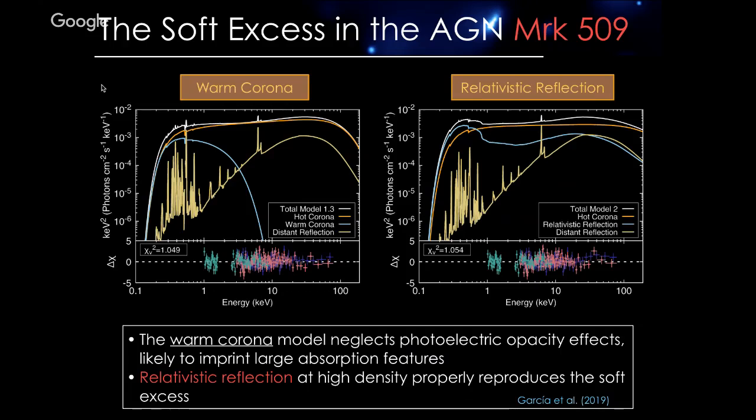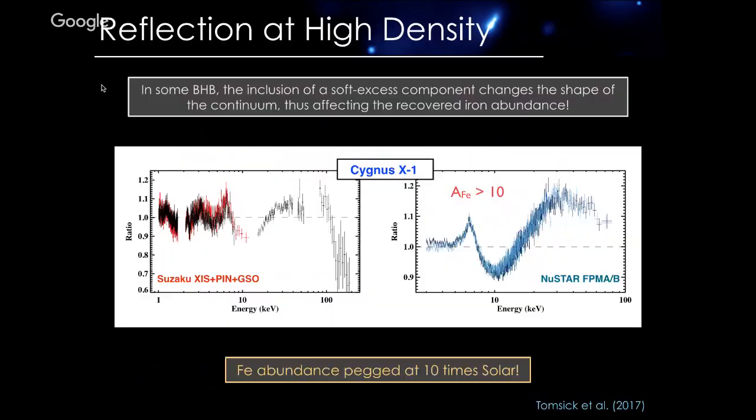But what we are able to do now is that with reflection itself, because of the higher density in the disk, as we're assuming now, it produces more free emission, enhances the soft flux, and therefore we can now explain this extra soft emission.